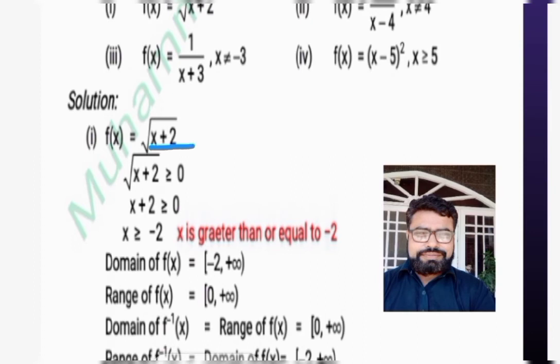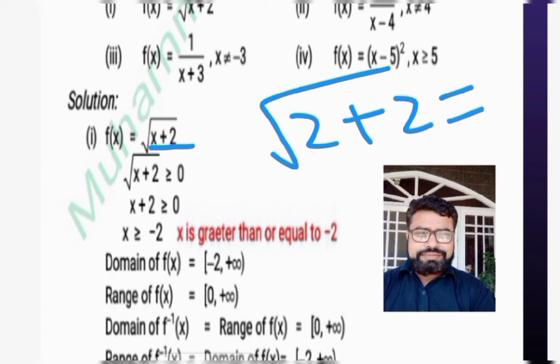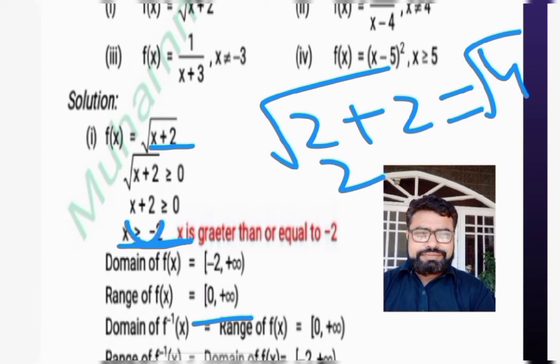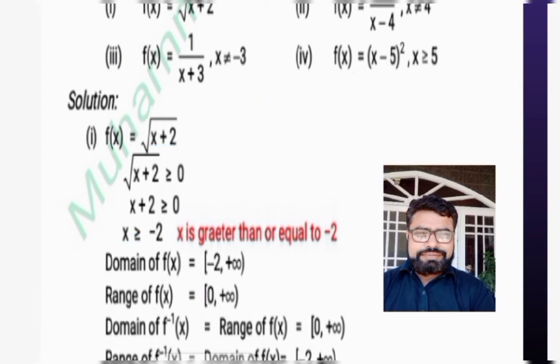If we put 2 in this function, 2 plus 2, that is 4, square root of 4 is 2. As there is a symbol of equal, greater than or equal, we have to mark a square bracket.